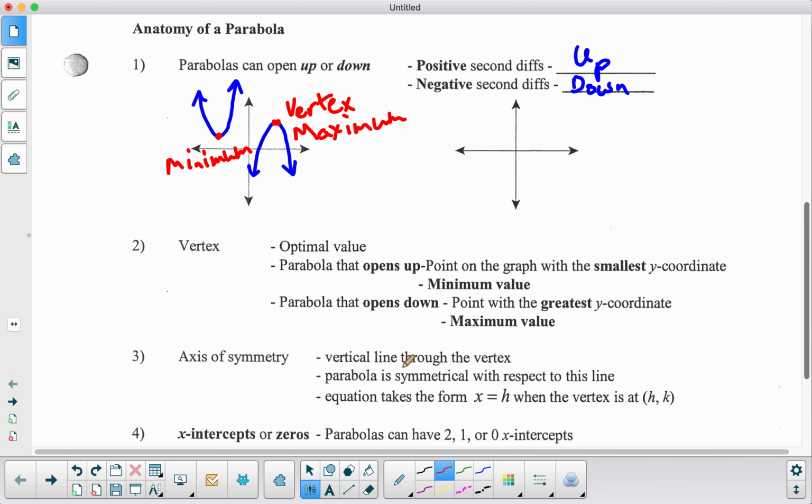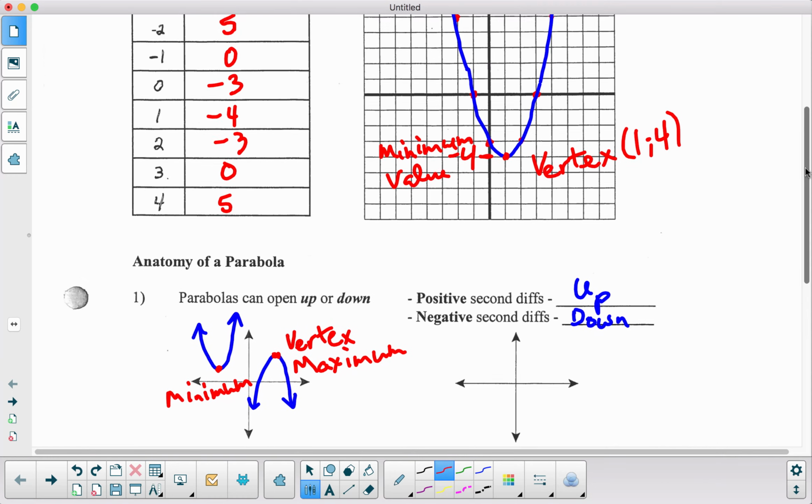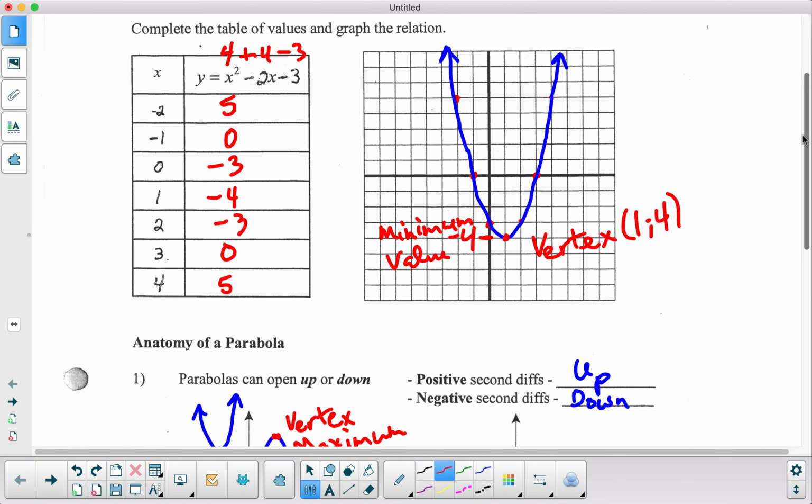Okay, the next big thing is something called the axis of symmetry. As you can see, the parabola is symmetric left and right. You can tell from the table of values that the y values start to repeat, which means it's symmetric.